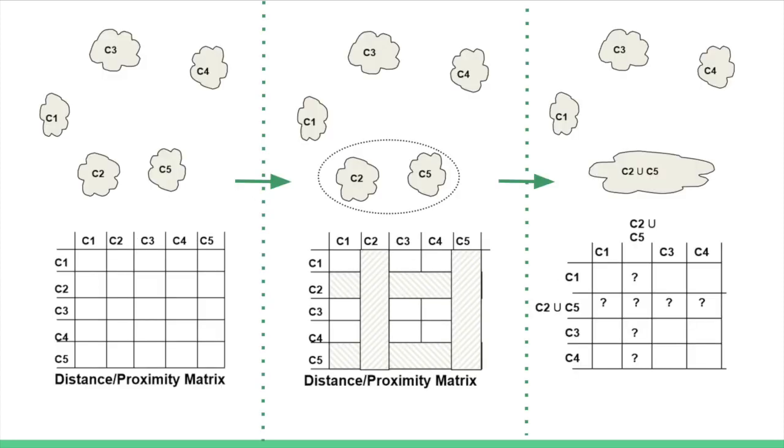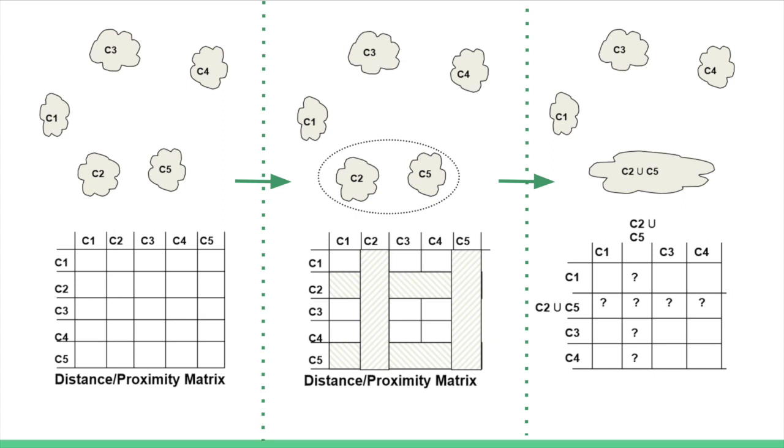What this looks like is, as you can see here, we have 5 separate clusters, and just by eye, you can see that cluster 2 and cluster 5 are the closest together. Once we find that out, we merge the 2 closest clusters, which is in the second picture, cluster 2 and 5, and we create a merged cluster, and we eliminate the 2 separate rows and count that as one single row.